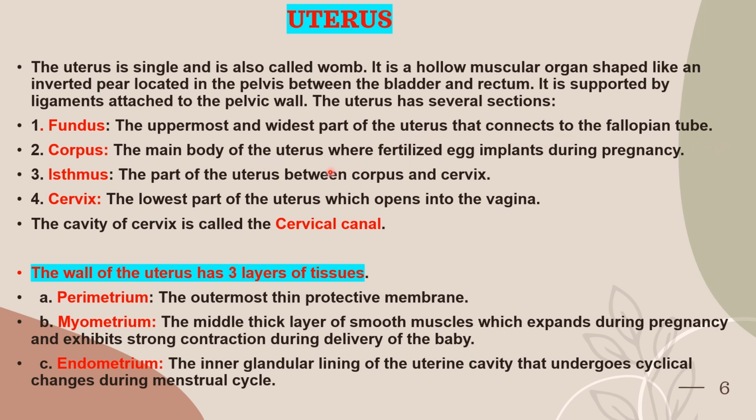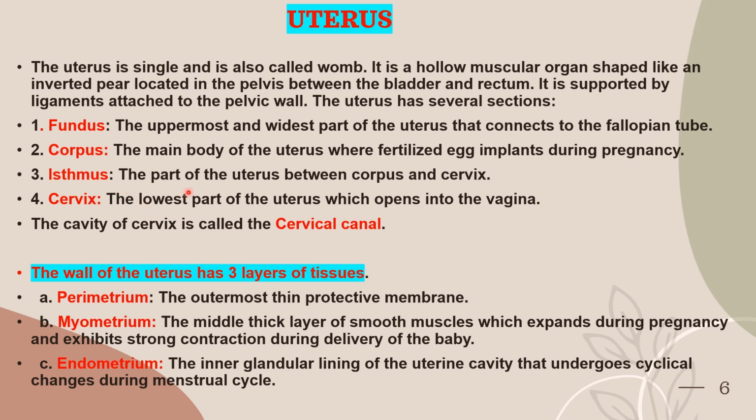The main body of the uterus is the corpus. We saw that in the fallopian tube the fertilization happens, and once the egg is fertilized, it reaches the uterus for implantation. So it is this corpus, the main body of the uterus, where the fertilized egg implants during pregnancy.